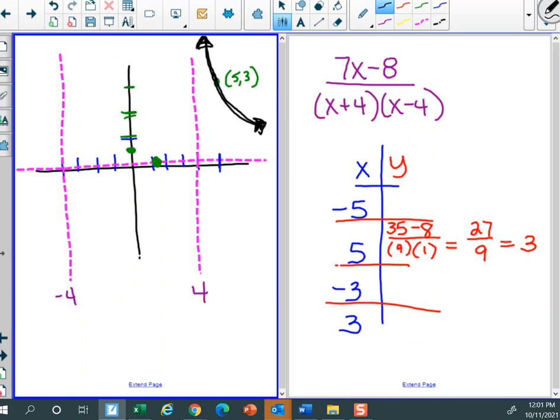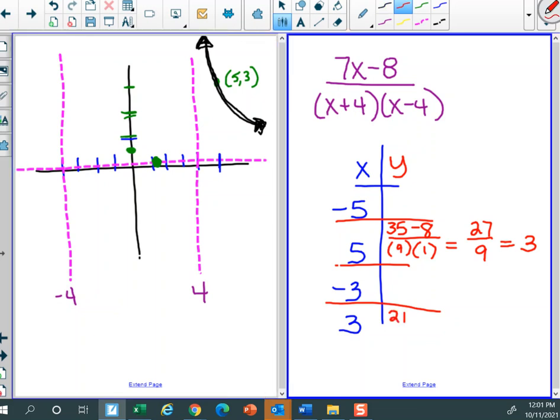And now I'm going to see if my 3 might be equally lucky. 21 minus 8 when I put a 3 in, over 7 and negative 1. Yeah, not going to get quite as lucky here. I'm going to get a 13 over a negative 7.